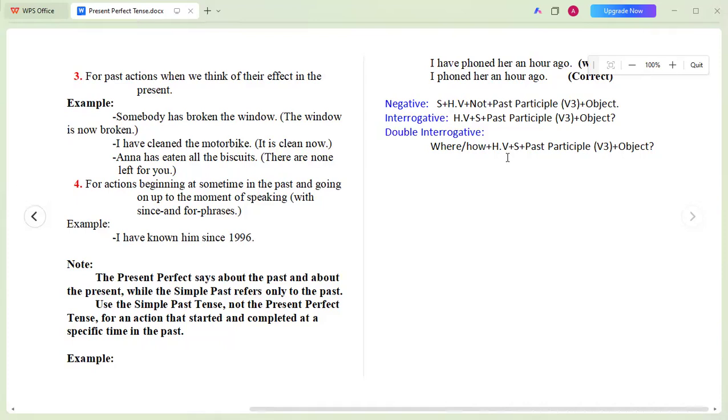So this would be the structure. So practice all these, write at least 30 sentences, but apply them on yourself or your family members or your friends. Then you will be more able to speak it better, even write it better.